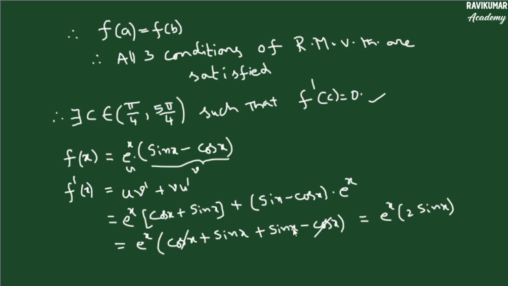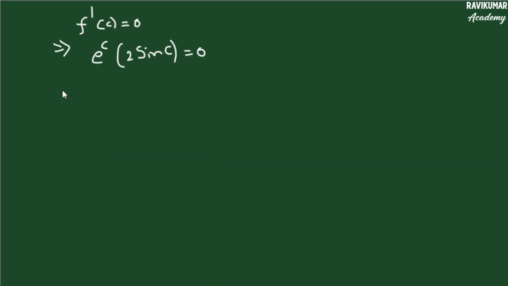Now let us consider f dash c equal to 0 for some c. Then what should happen? e power c into 2 sin c must be equal to 0, because f dash x is e power x into 2 sin x. F dash c is substituting c in place of x. You will get e power c into 2 sin c, which is equal to 0.